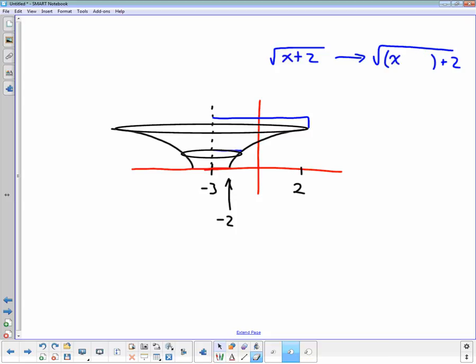Where's my function? F of x, which is, basically what we're doing is we're shifting it over by 1.